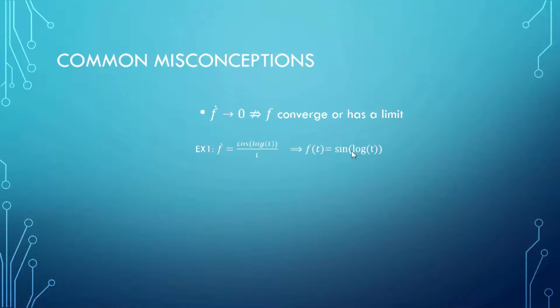Because it's a sine function. As log t increases, the sine never reaches a constant. It always oscillates, right? But this f dot is approaching 0 because t goes to infinity. 能懂吗?